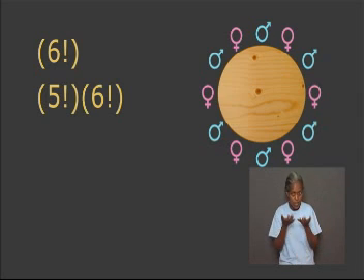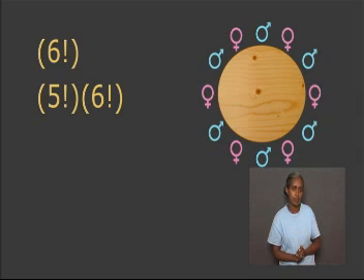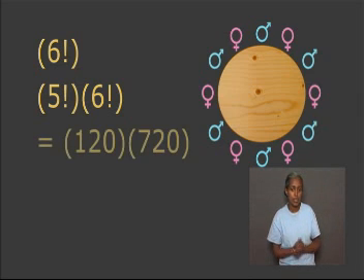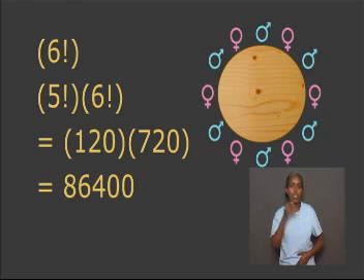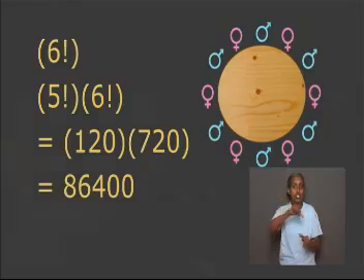So you need the 5 factorial multiplied by the 6 factorial. Now you have the total possible ways 6 boys and 6 girls can sit around a table if no 2 girls can sit next to each other.